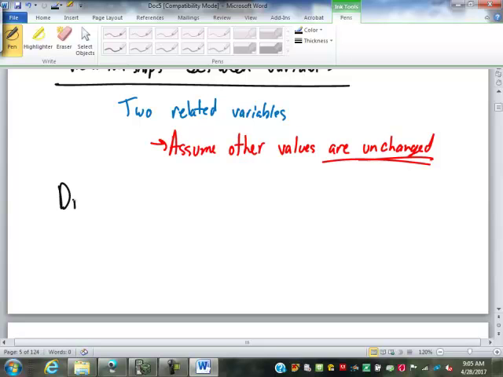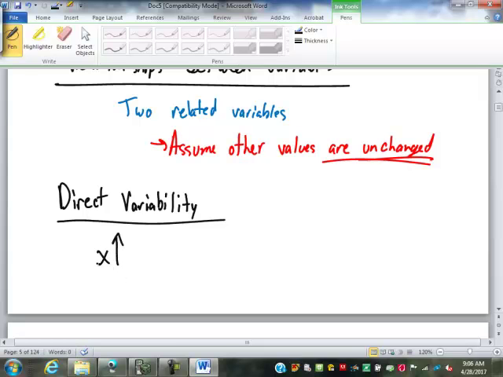There is what's called a direct relationship, or direct variability. If we say that 2 variables vary directly with each other, I'm just going to call them x and y for now, what I'm saying is that if the value of x gets larger, then the value of y has to also get larger.